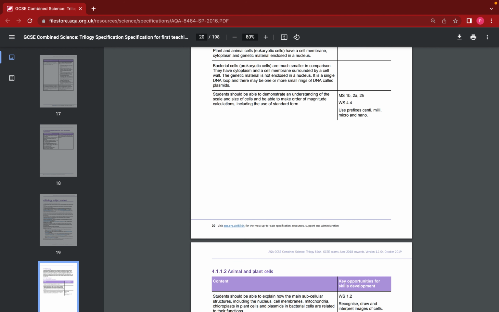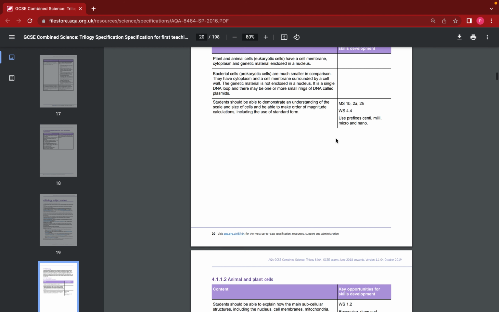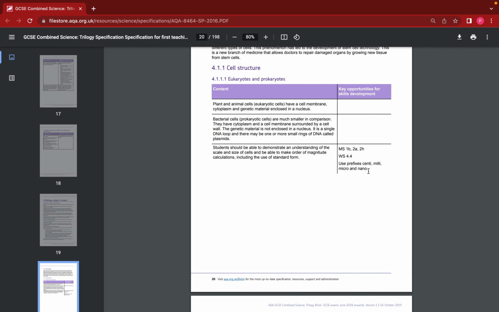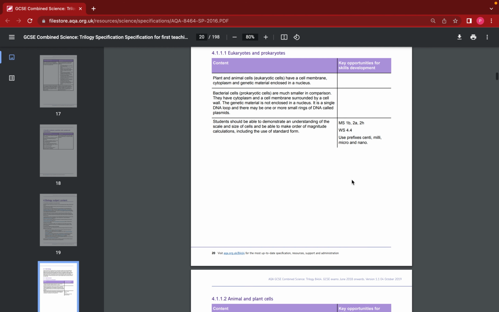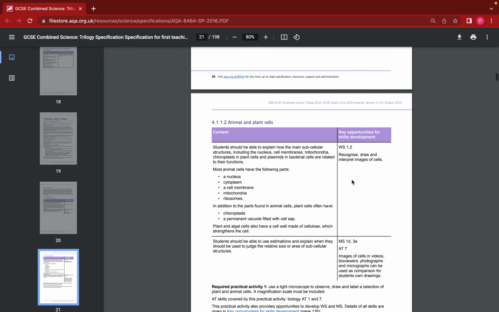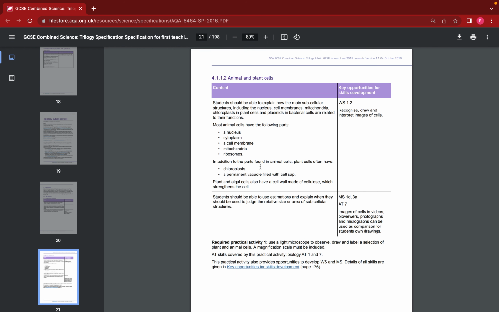Read through these points, and that will give you some idea about where the content's going, and ideas about skill development. So the ideas of centi, milli, micro, nano, and understanding what those prefixes mean, for instance. And you can see some of this is actually providing you a checklist of things that you need to be familiar with.